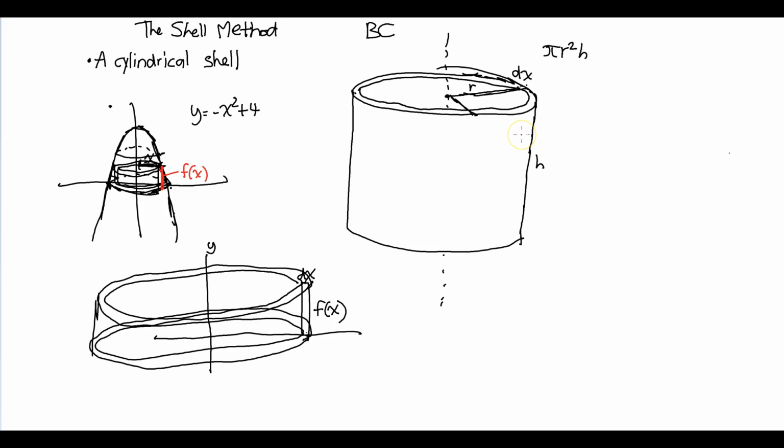Immediately, let's write everything in terms of x. So this is x, and this is f of x. So pi x squared f of x minus pi.